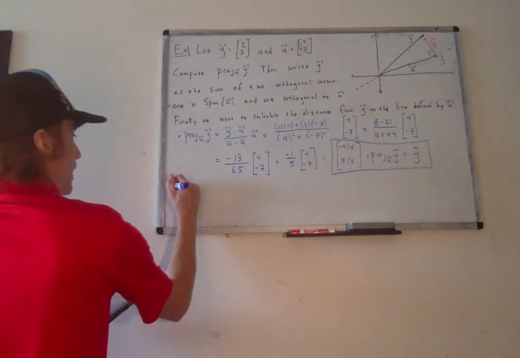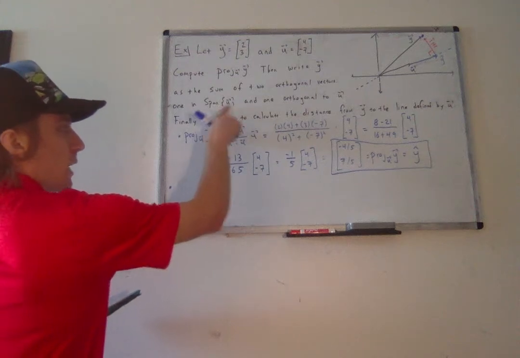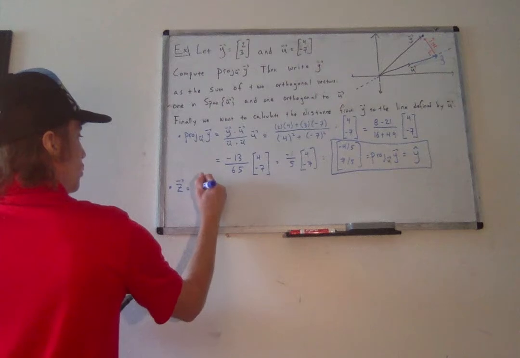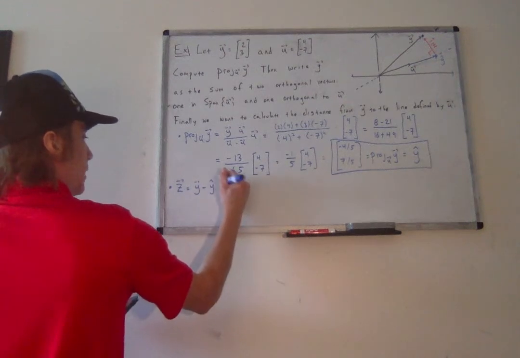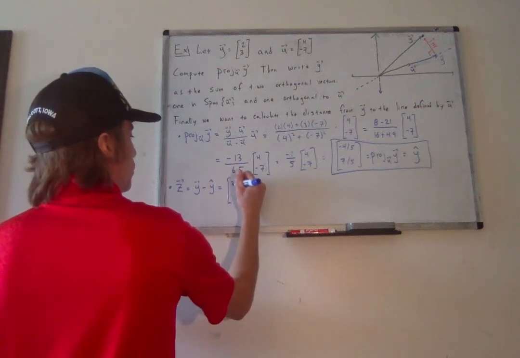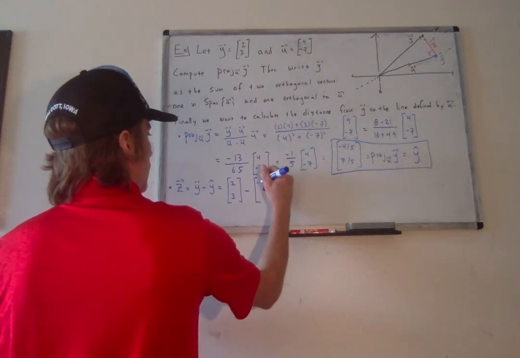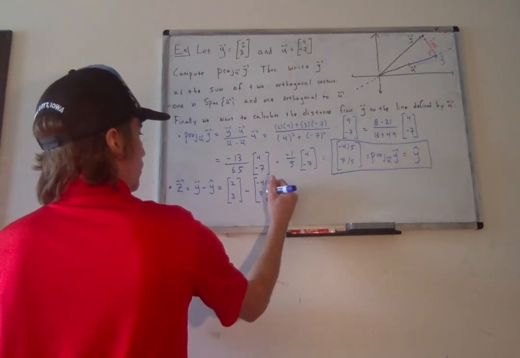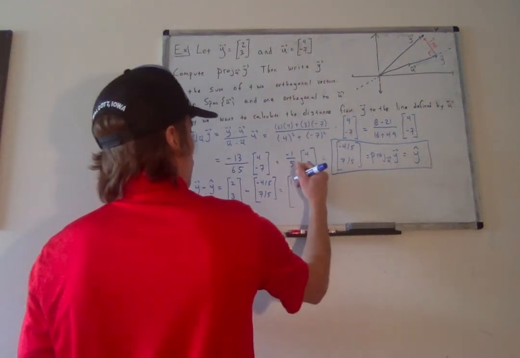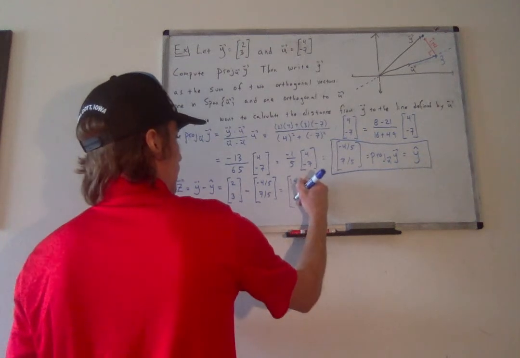So we want to write y as the sum of two orthogonal vectors, one in span of u, that's y hat, and z. So now remember, z is equal to y minus y hat. So the vector z should be 2, 3 minus negative 4/5, 7/5, which is equal to 14 over 5, 8 over 5.